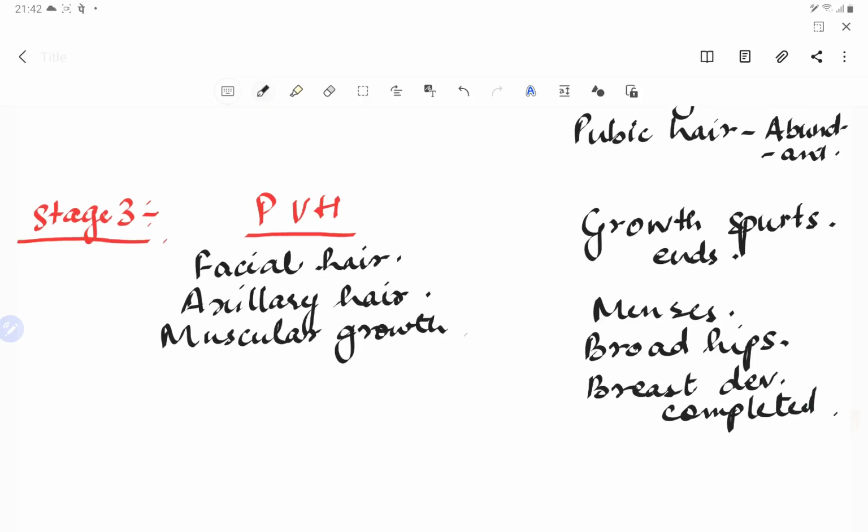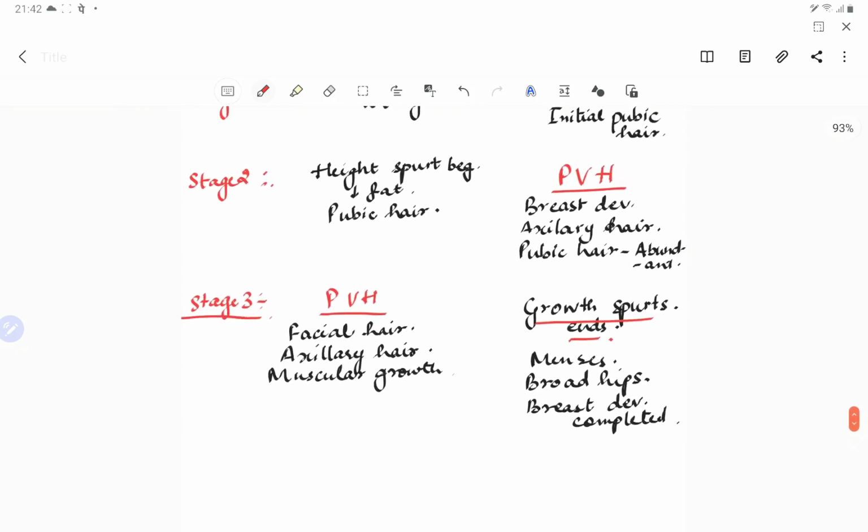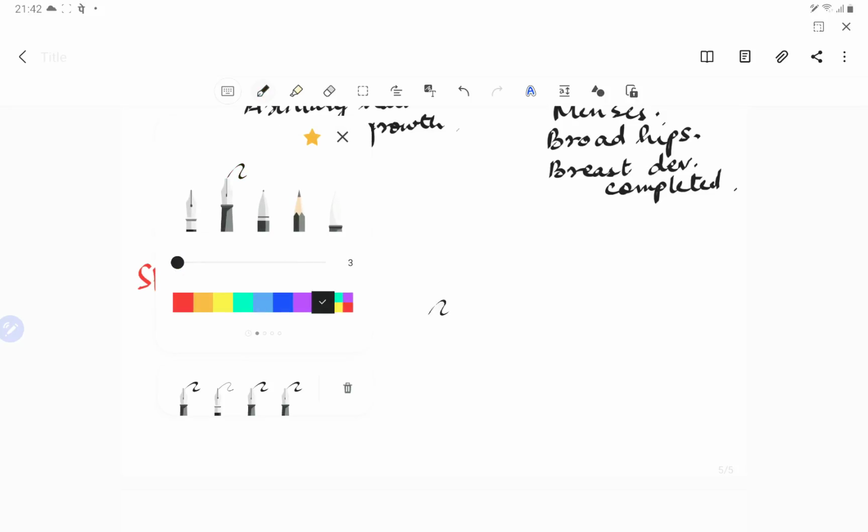Now stage 4 is only for boys, because as we have seen, the growth spurts end for girls by stage 3. Stage 4, which is 15 to 24 months later, almost 2 years later, is where the growth spurts end for boys.